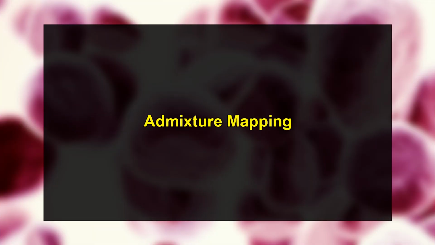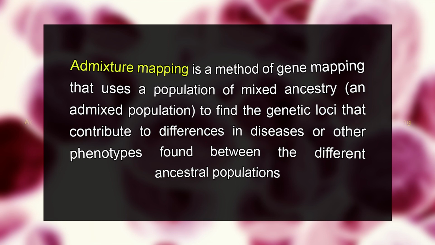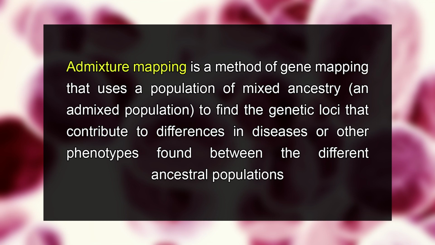Dear students, let's now discuss admixture mapping. Admixture mapping is a method of gene mapping that uses a population of mixed ancestries, that is, an admixed population, to find the genetic loci or positions that contribute to differences in diseases or other phenotypes found between the different ancestral populations.